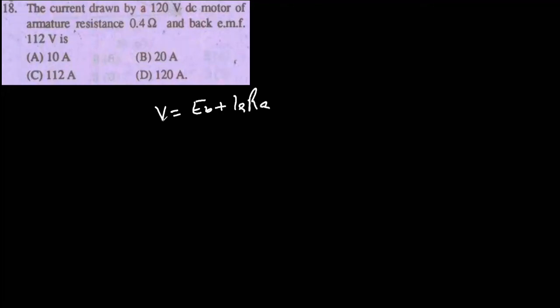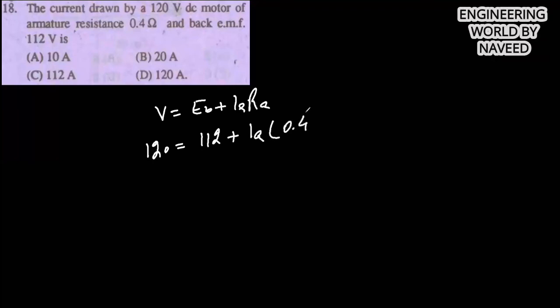The supply voltage is given, that is 120 volt. Eb is given, that is 112, the armature current is unknown, I need to find it, and the armature resistance is given, that is 0.4 ohm.